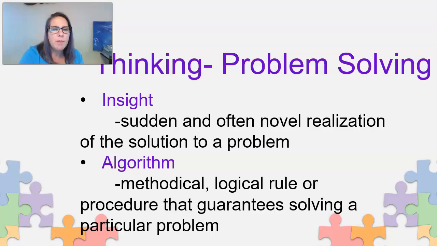An algorithm is a very step-by-step, very logical approach to solving a problem. You're going to follow every single step, every single time to get to that particular solution. Again, here I tend to think of math problems that way. You have to go step by step in order to reach the correct solution at the end.